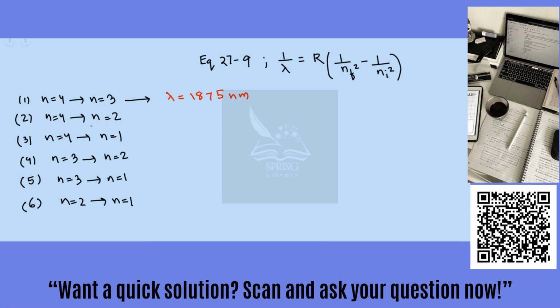Similarly, for this case, NF is 2 and NI is 4. So we do the same for each of these transition cases. So for this case lambda is 486.2 nanometer. For this case we have lambda equal to 97.23 nanometer.